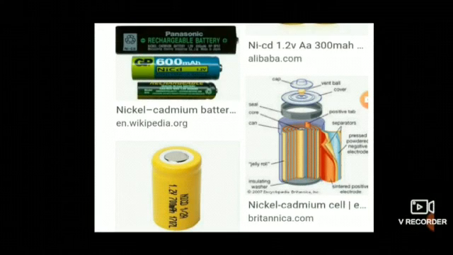The next type of cell is the nickel cadmium cell, NiCd cell. The nickel cadmium cell is a type of rechargeable battery using nickel oxide hydroxide and metallic cadmium as electrodes. NiCd batteries are made in a wide range of sizes and capacities compared with other types of rechargeable cells.